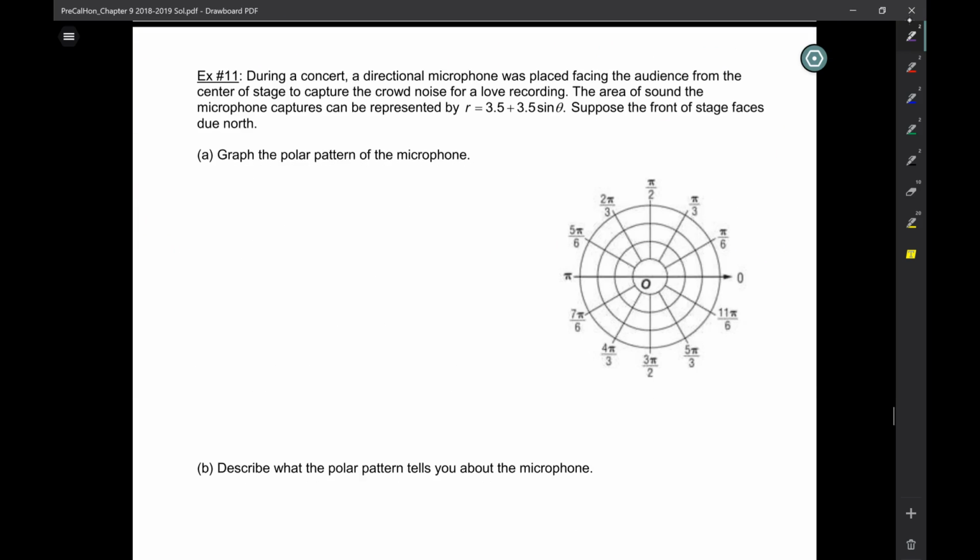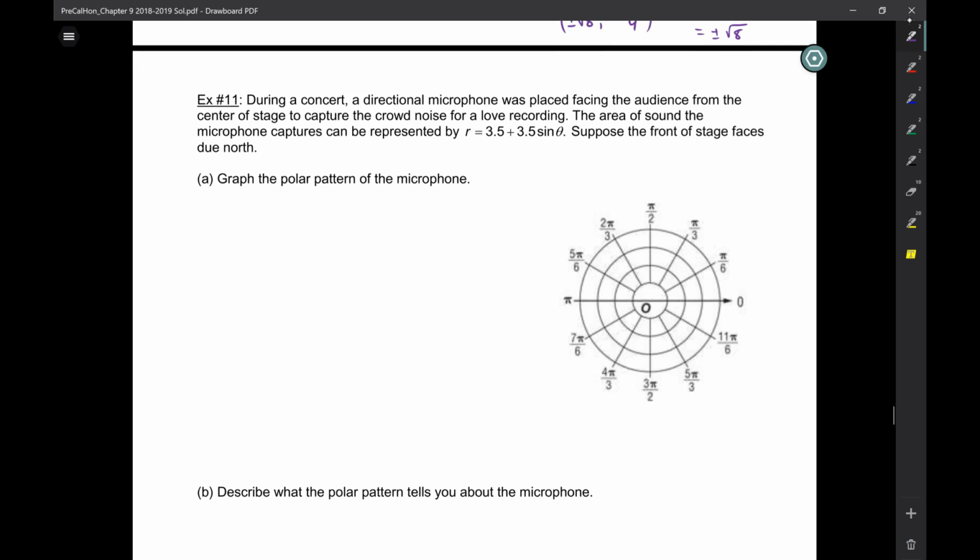So during a concert, a directional microphone was placed facing the audience from the center of stage to capture the crowd noise for a live recording. The area of sound the microphone captures is represented by this.